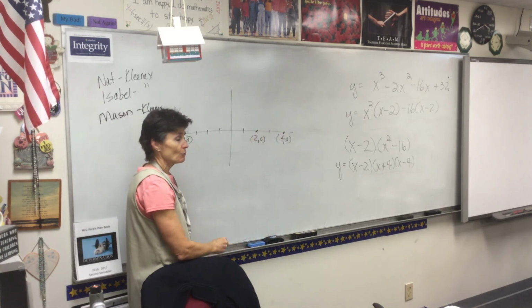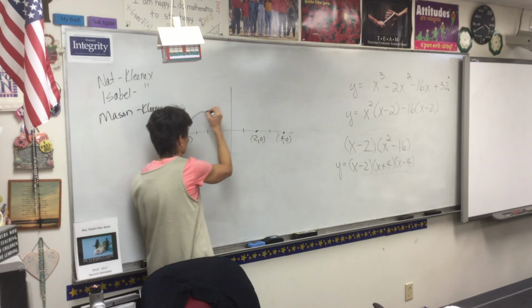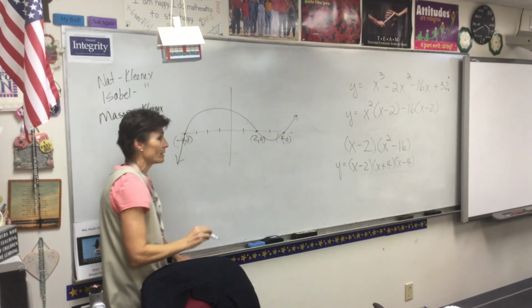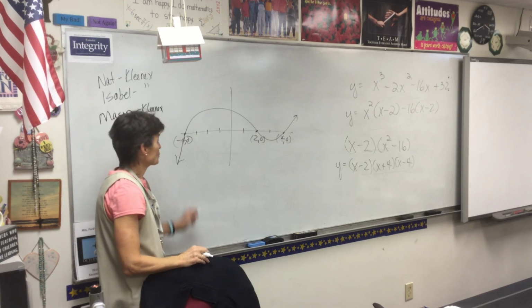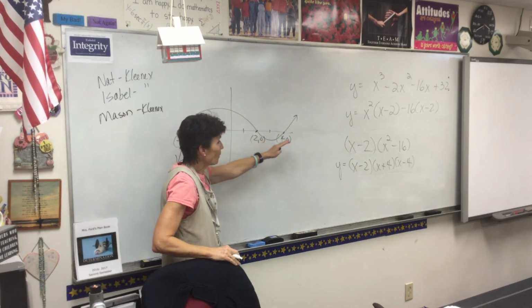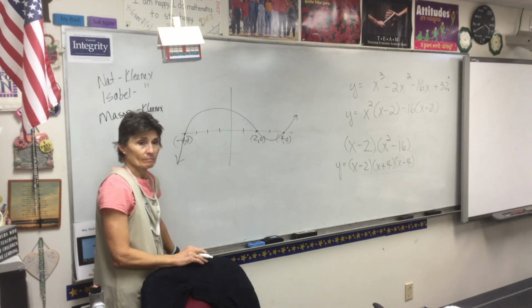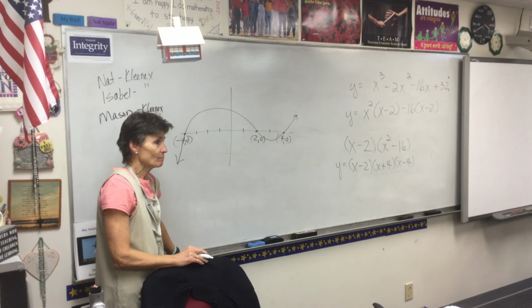And since it's a cube, let's start down. Yep. There we go. Since nothing's squared, we just zip right down through all those points. Is that okay with everybody?